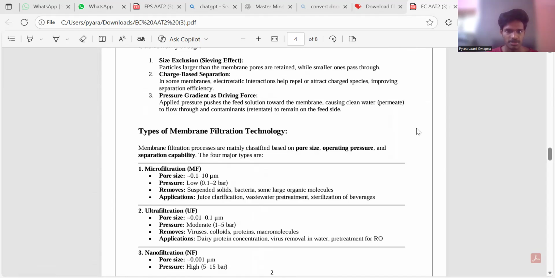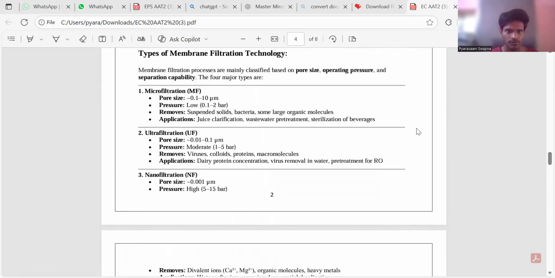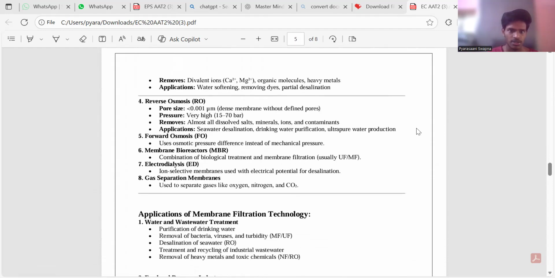The major types are microfiltration, ultrafiltration, nanofiltration, reverse osmosis, forward osmosis, membrane bioreactors, electrodialysis, and gas separation membranes used to separate gases like oxygen, nitrogen, and carbon dioxide.